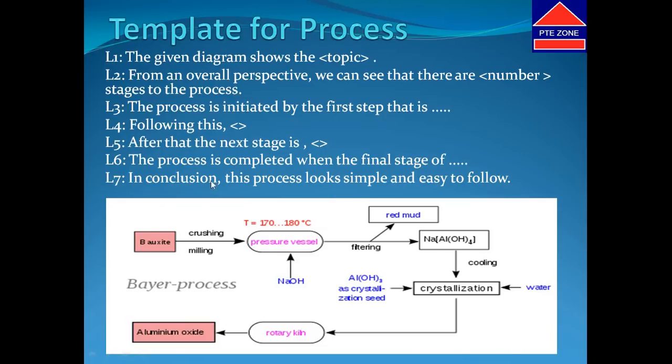So just learn any line that you can say when you are about to complete your template, right? It's fairly simple, just learn this template and add the information from the flowchart actually.